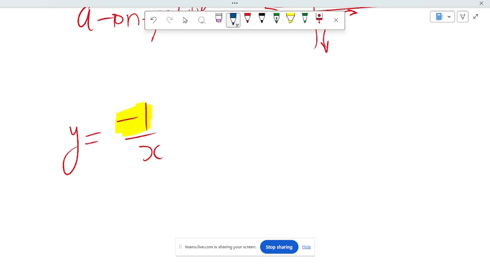So therefore, when you draw, your graph has to be something like so. So that's X, that's Y, like this, right?